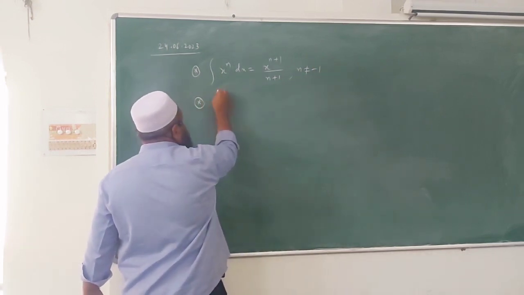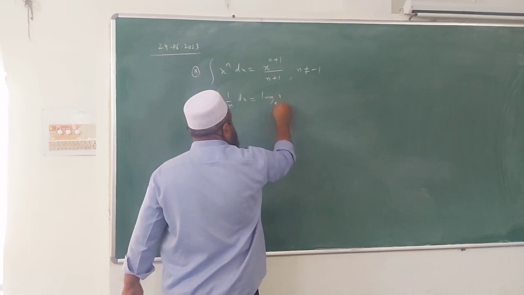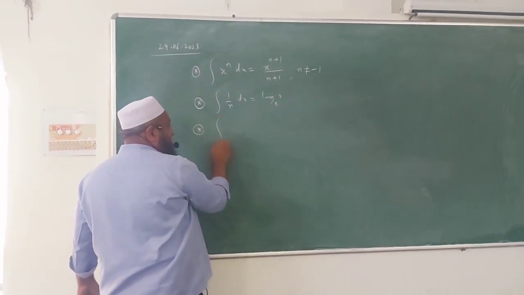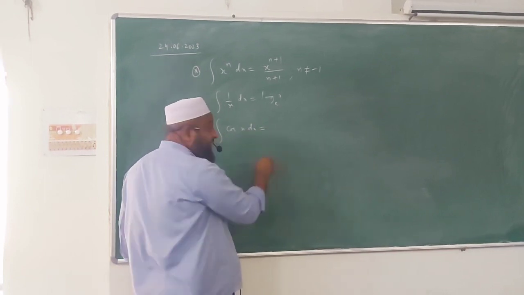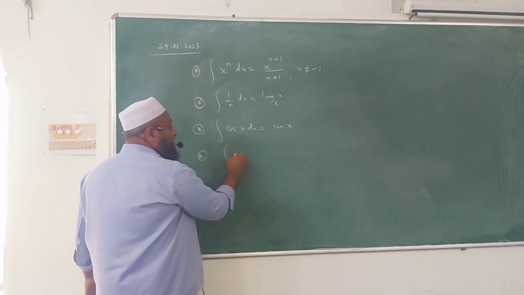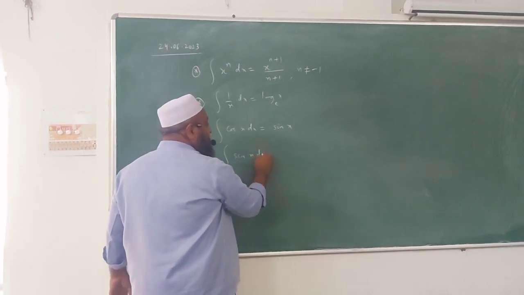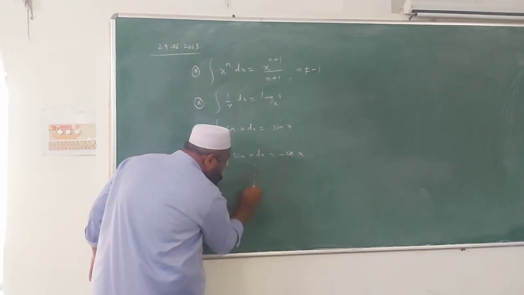It's a special case: integral 1 by x dx is equal to log x base e. Integral cos x dx is sin x. Integral sin x dx is minus cos x. The list continues.